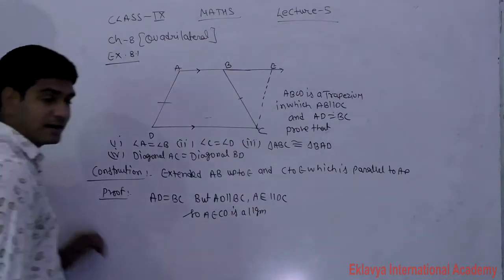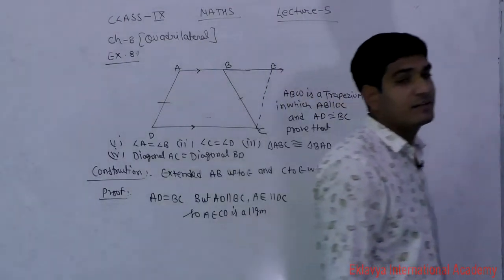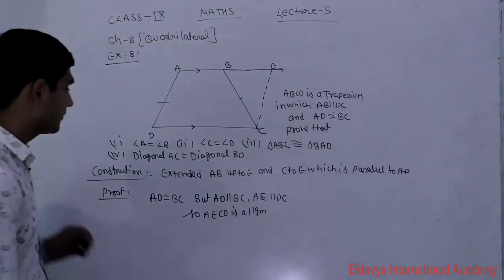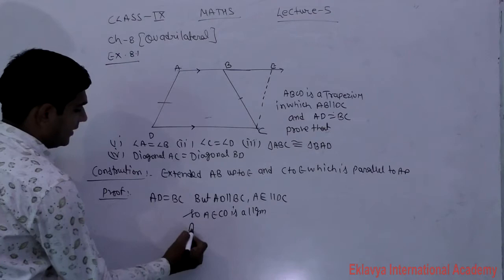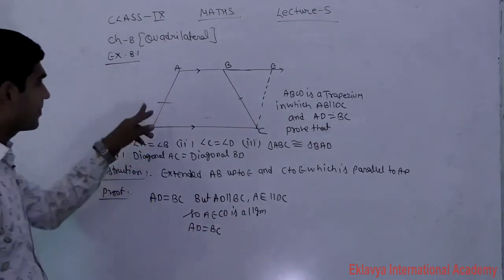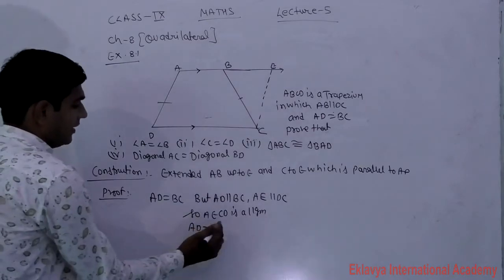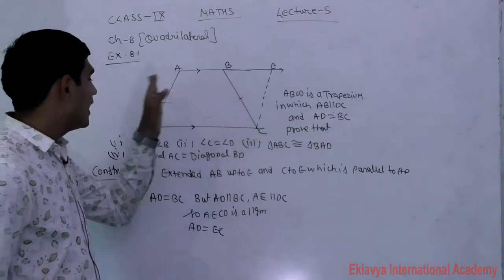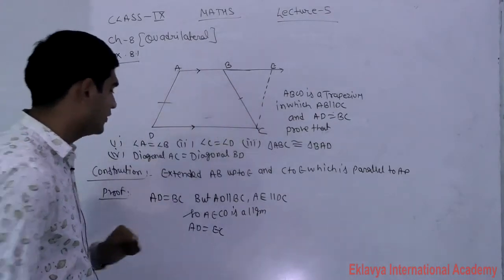And we know that in a parallelogram its opposite sides are parallel and equal. So here AD is equal to EC. AD is equal to BC given to you. आपने क्या प्रूफ किया? AD is equal to EC.